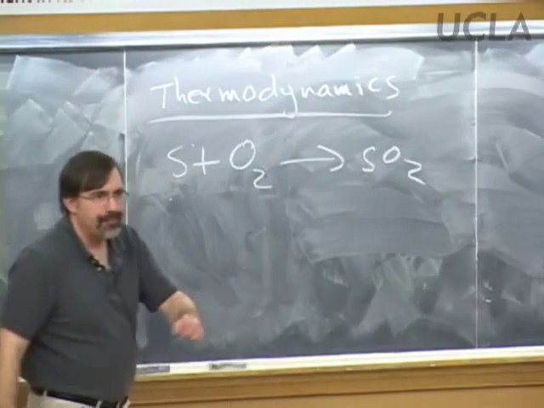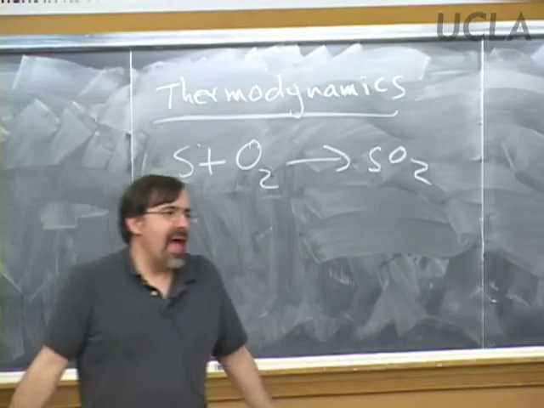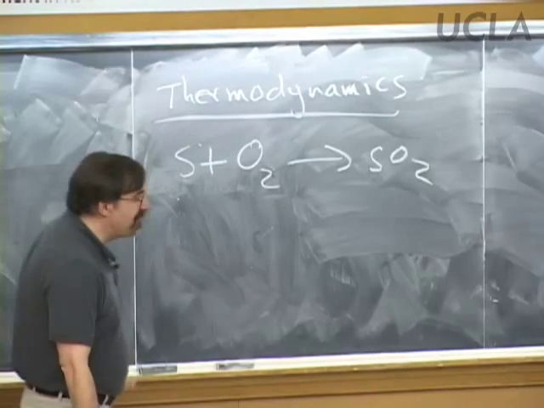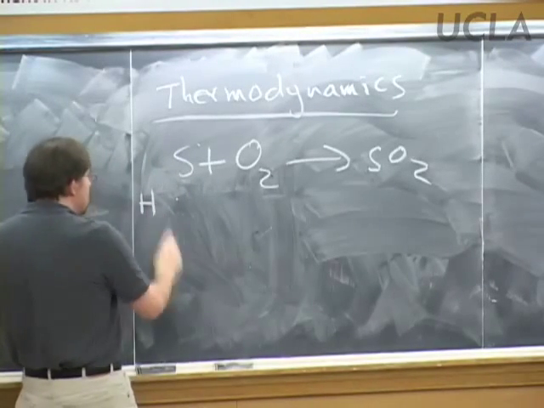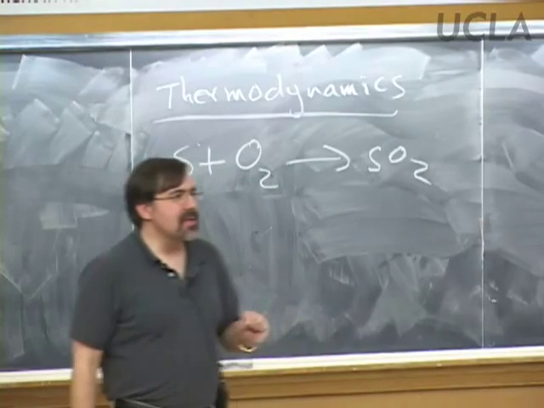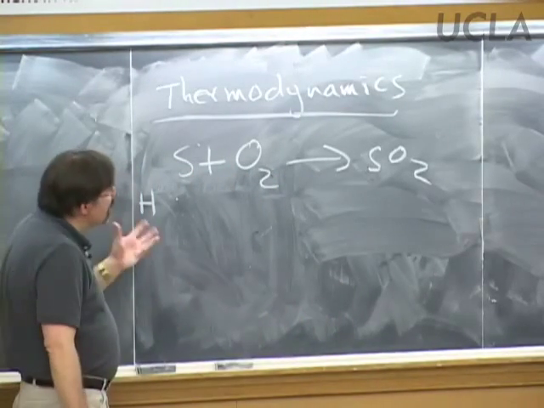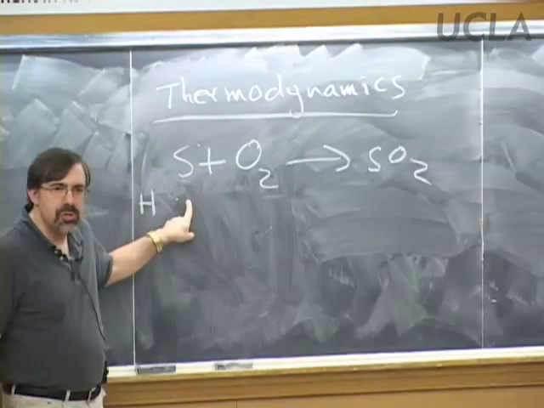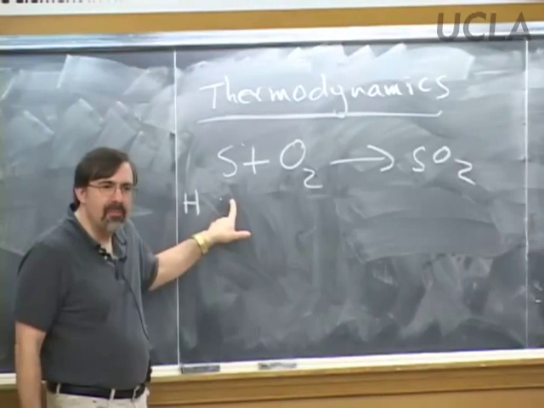How do I know that? I can do that by estimating what the equilibrium is. And I don't even have to put exact numbers on this. We can figure that out by talking about the H, right? The enthalpy of the reactants. We can get a good feeling for why this is interesting. What is the enthalpy of sulfur at room temperature, pure sulfur at room temperature and 1 atmosphere of pressure?